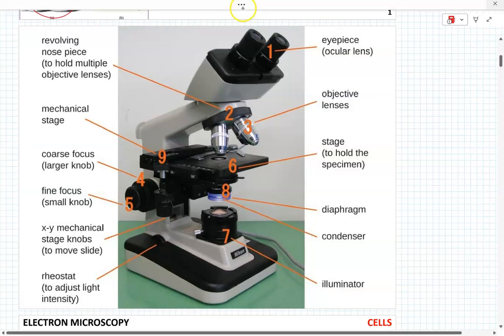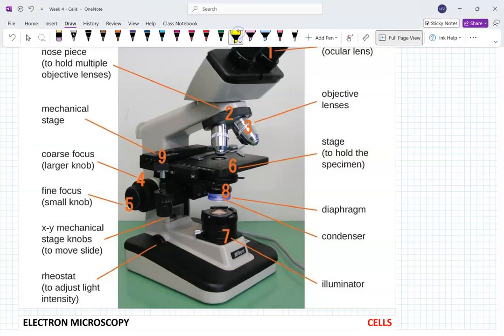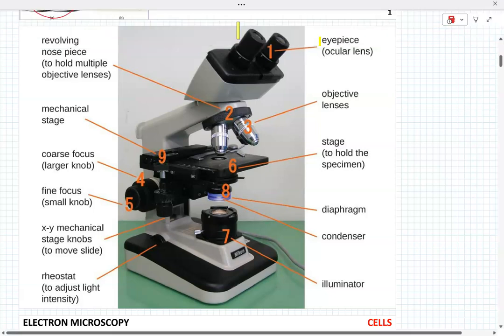Let's talk about the main parts of a microscope. As a scientist, you're going to look through the eyepieces to see the microscopic image. This image can have different sizes because there are several objective lenses directed at the specimen, which is placed on the stage.